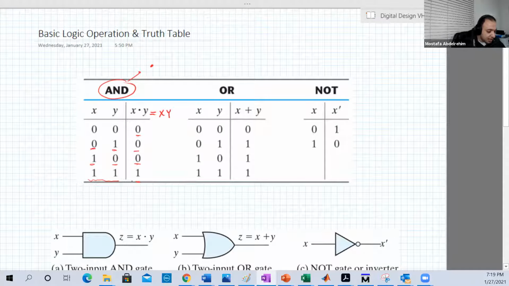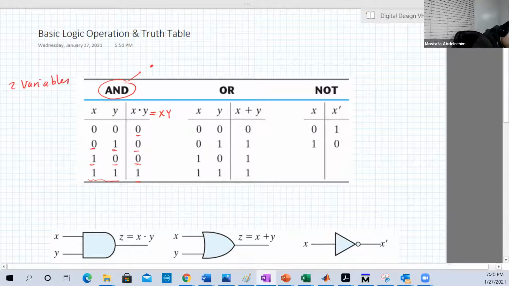Okay, so basically, since each variable can have only two values, depending on the number of variables that you have in your function, you can just trace all possible combinations and the output, or y, or the function in all these combinations. So here we have two variables, x and y.